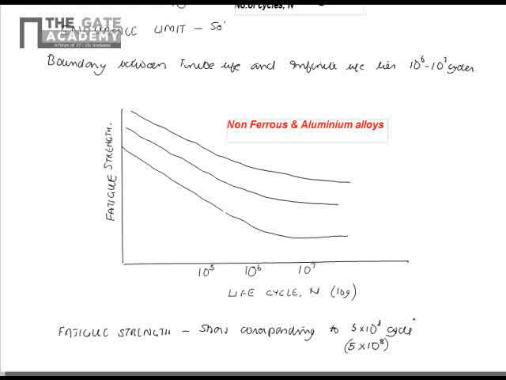So corresponding to that number of cycles, what is the stress? That will give the fatigue strength of the material for non-ferrous and aluminum alloys alone. For ferrous alloys, we have the well-defined endurance limit. This fatigue strength concept is applied only for non-ferrous and aluminum alloys.